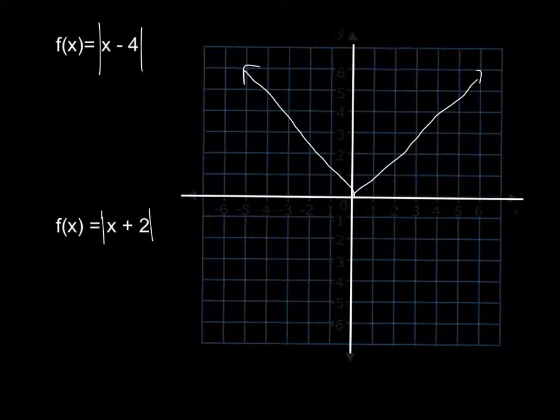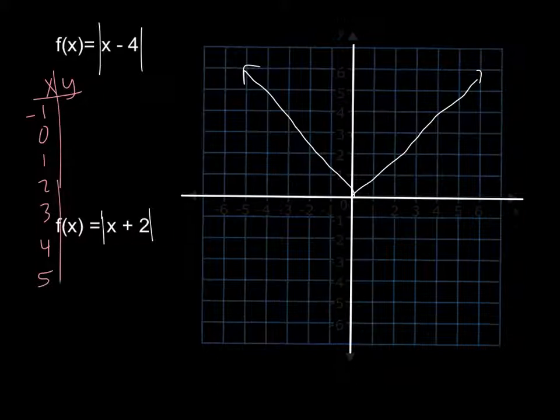We're going to start with making a table of values like we did before. This time I'm going to do -1, 0, 1, 2, 3, 4, and 5. So we're going to plug those in. The absolute value of -1 minus 4 is the absolute value of -5, so we get 5.